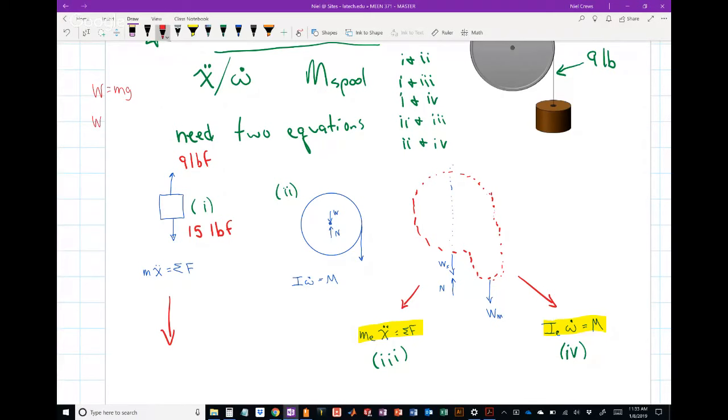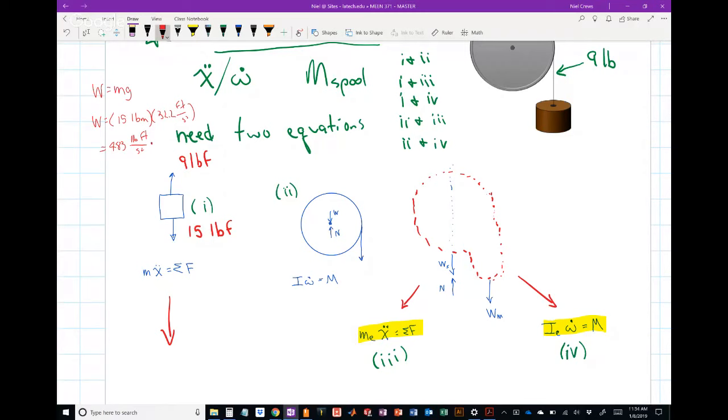If you say the weight now is 15-pound mass times 32.2 feet per second squared, then that would be, I don't even know what number that would be. Let's see, 15 times 32.2, 483. So it'd be 483 pound mass feet over second squared.